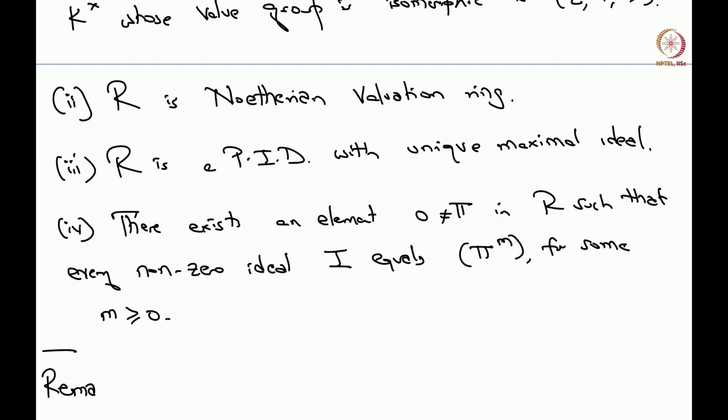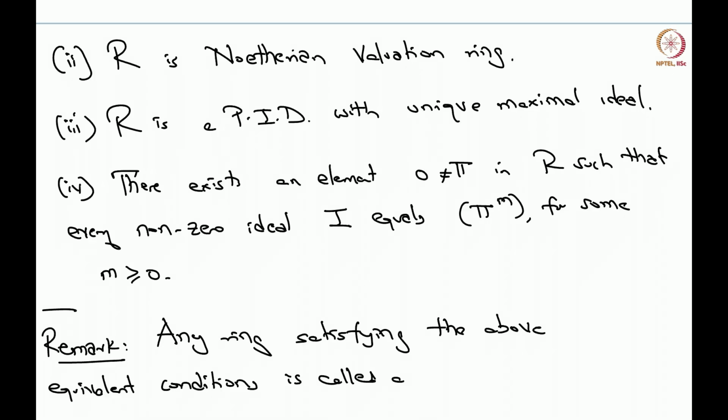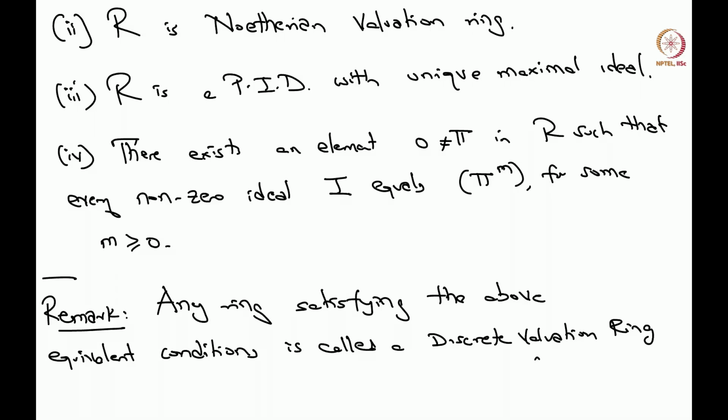Remark: any ring satisfying the above equivalent conditions is called a discrete valuation ring, or DVR for short.